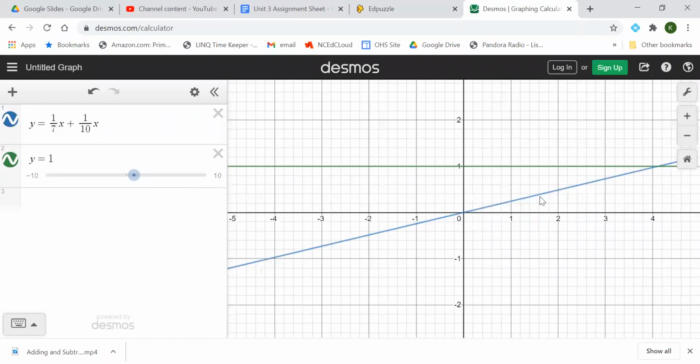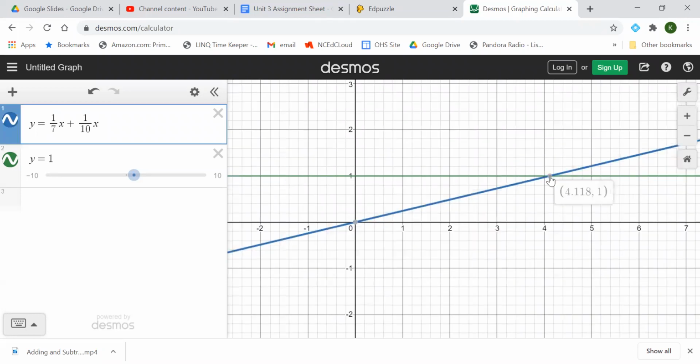And all we're going to do is look for where they intersect. So they intersect right here when x is 4.118. And we were solving for x, so we're only using the x value. So a quick way to solve these, if you don't want to solve them by hand like we did yesterday, you could type in Desmos, find where they intersect, and get your answer.